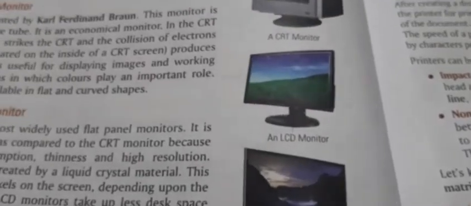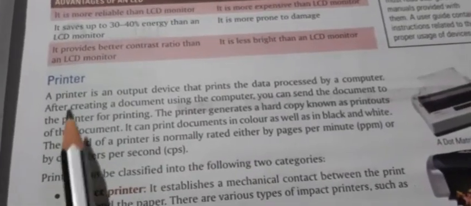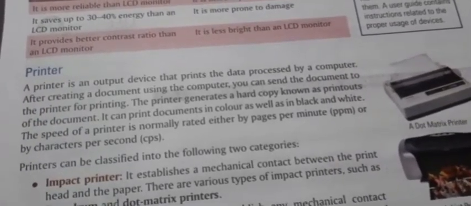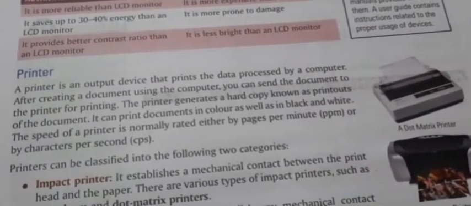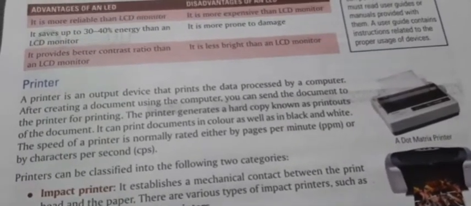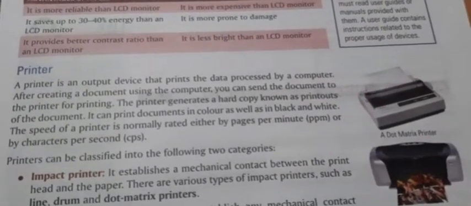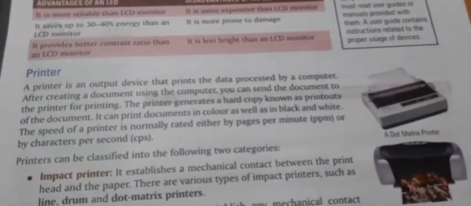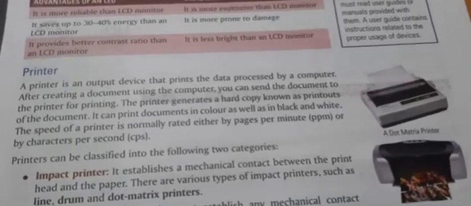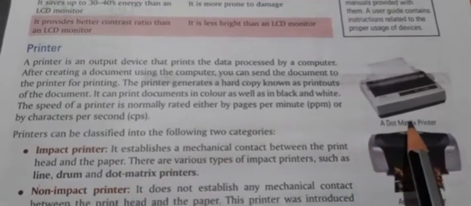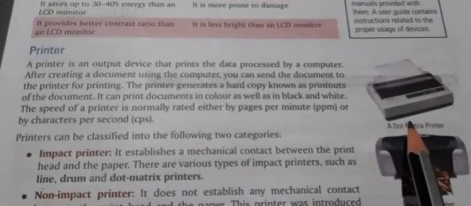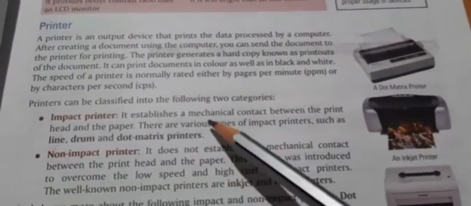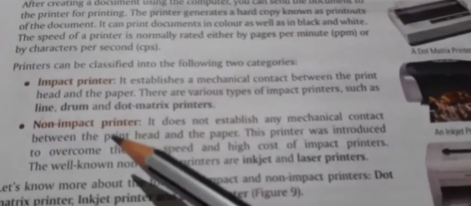Okay, so next is the printer. Whatever information is coming from the central processing unit will be displayed through the monitor as a soft copy, and the printer gives the hard copy, meaning printed on paper, right? The printer is divided in two parts, impact and non-impact printers.